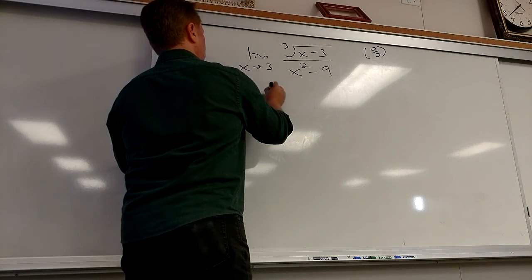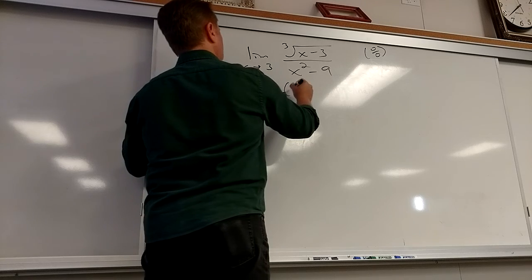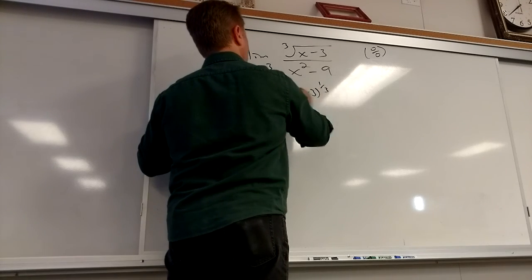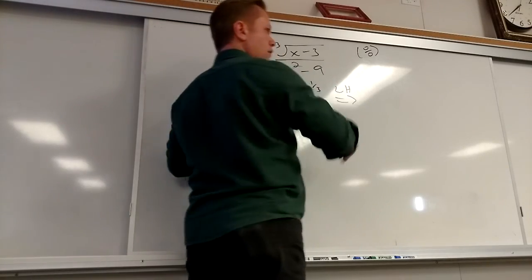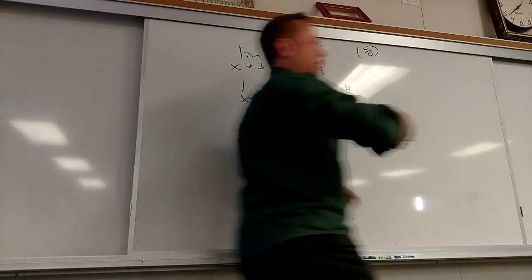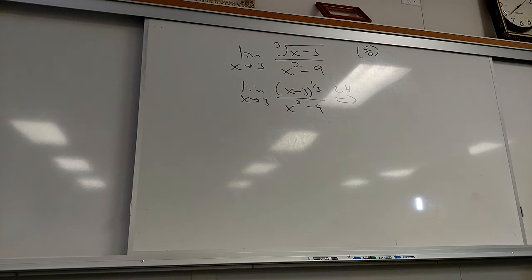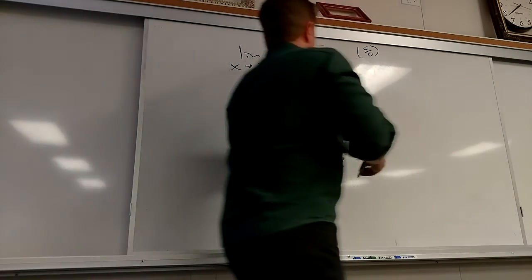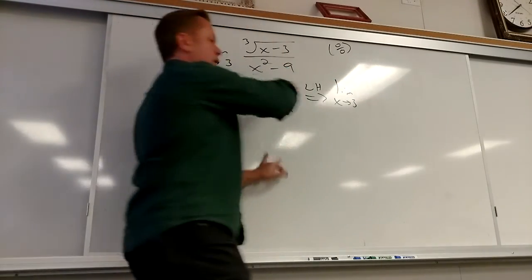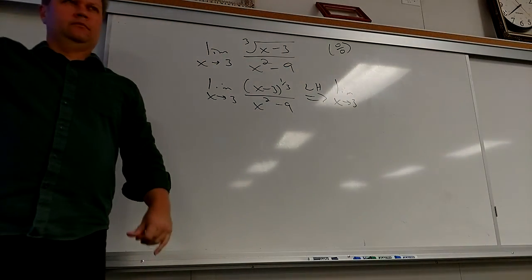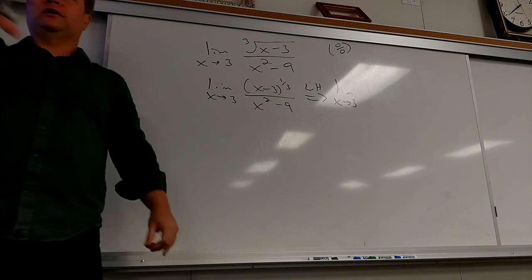Let me write this a little bit better. I always put the little LH thing just to tell myself what I'm about to do, and when I look back on my work, I can remember what I did. It also helps me when I'm grading your work, so I know what you're trying to do in case something goes weird.